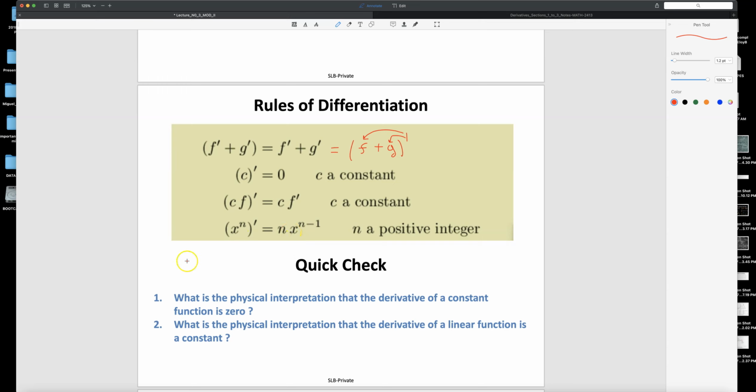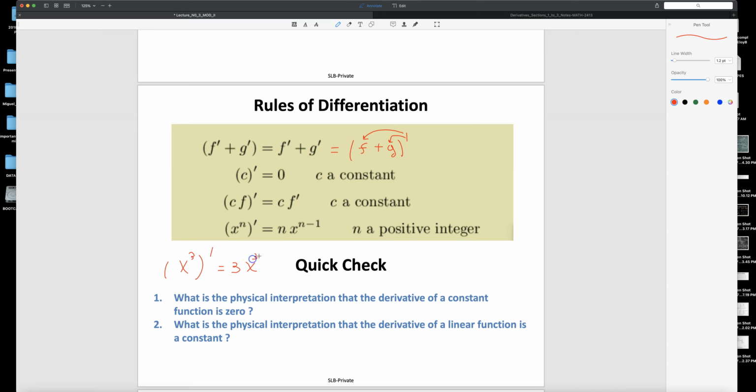So, for instance, if you have this polynomial, s to the third power, and you compute the derivative of that one, how do you compute the derivative? You're going to bring the exponent down, 3, keep the independent variable, and then you subtract 1 from the original power.